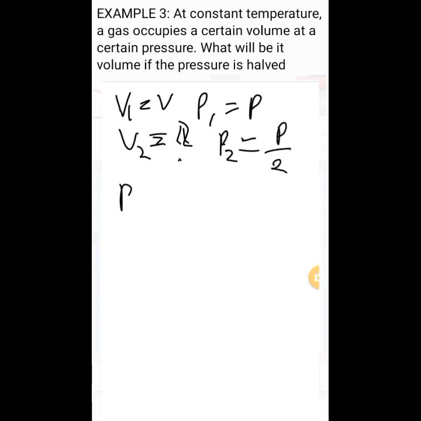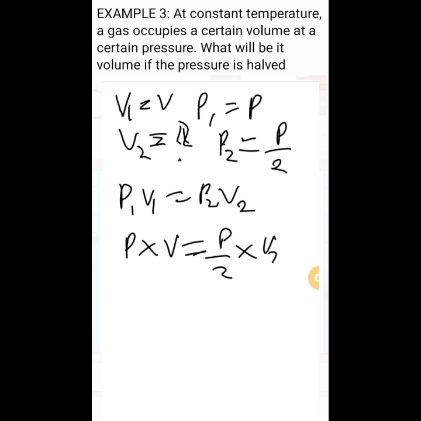From Boyle's law, we know that P1 V1 equal to P2 V2. Then our P1 is P multiplied by V1, which is V, equal to P2, which is P over 2, multiplied by V2, which is the unknown.